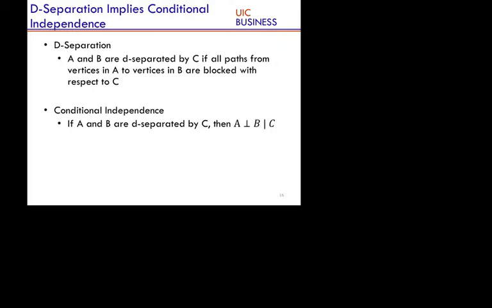So if all paths are blocked, then A and B are d-separated. Okay. And if A and B are d-separated, then they are conditionally independent given C. That's it. So it's just a generalization of a thing that we saw 2 slides ago.